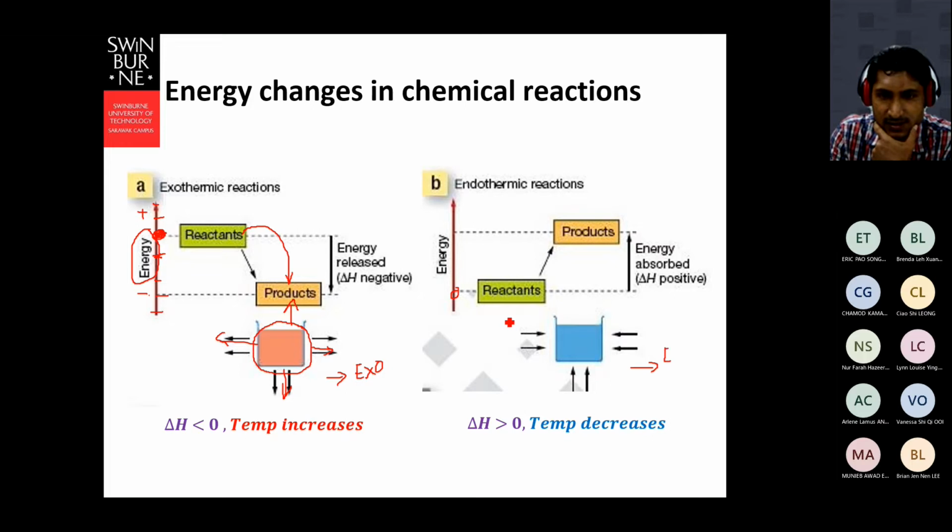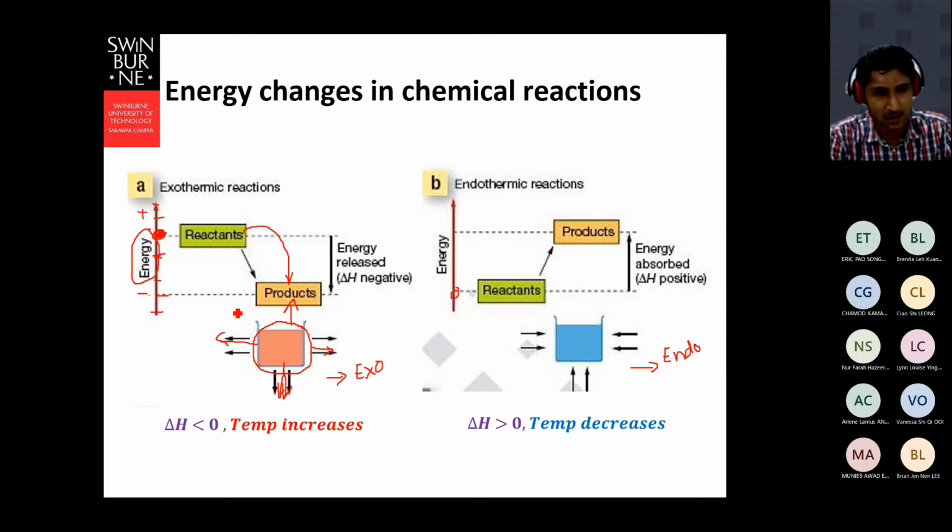They are important for us to know, because many of the questions do not describe what is exo or endo. They will just tell you that it is exothermic or endothermic. So we have to understand what exo is. Exo means it is exiting heat. Exo means explosive type, that means giving out heat.